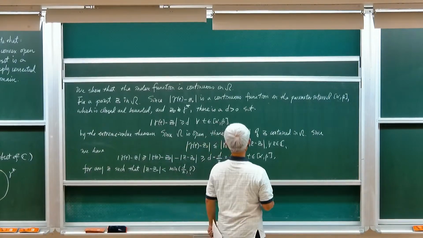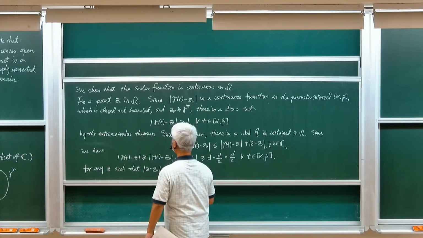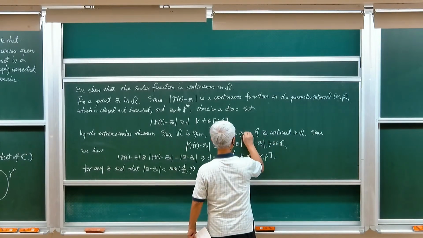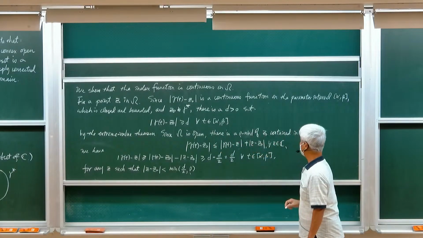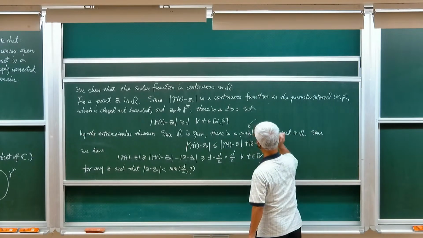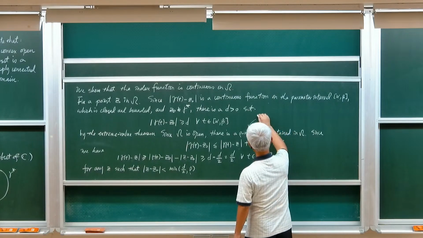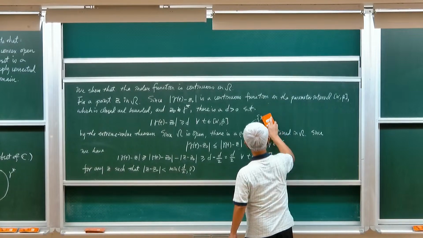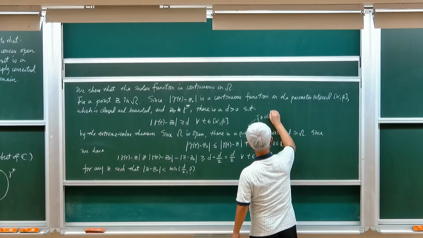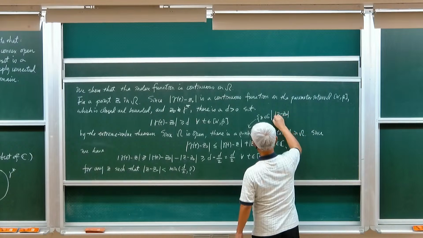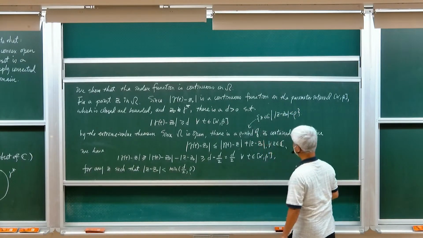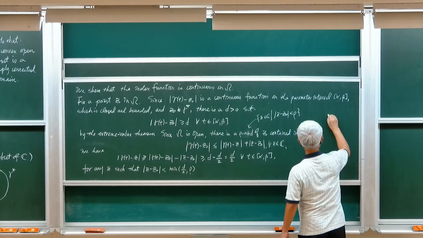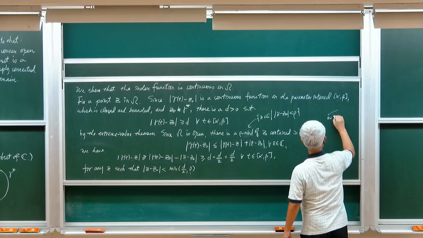Now I will say a rho neighborhood. I use a rho neighborhood: it's the set of z such that |z - z0| is less than rho.